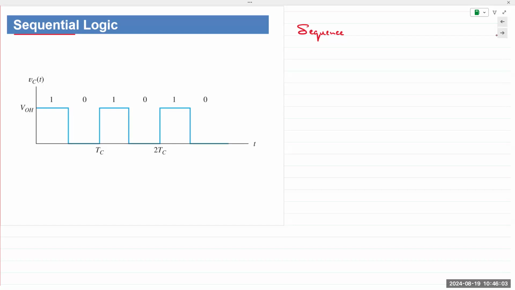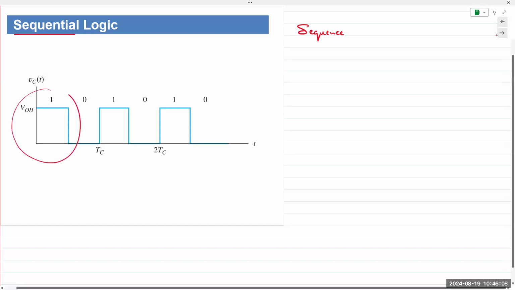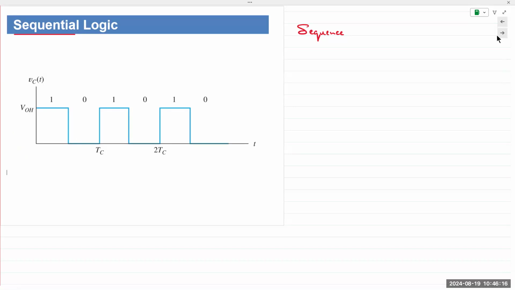In sequential logic, what happens is you have either a square or a rectangular clock pulse, a square or a rectangular signal or function, and we call that signal a clock. Okay, and that clock will trigger a response from your system. So basically, let me write it here.